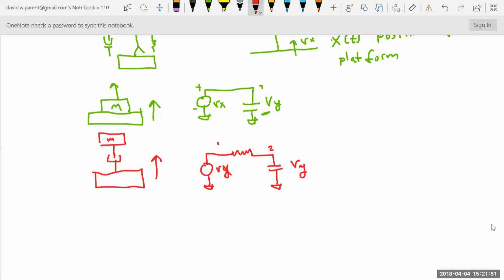So really, this is a first order system. It has a step response like that, and a Bode plot like that. And what would a step response be? I'm going 0 meters per second, and then instantaneously, let's say I'm going 1 meter per second.